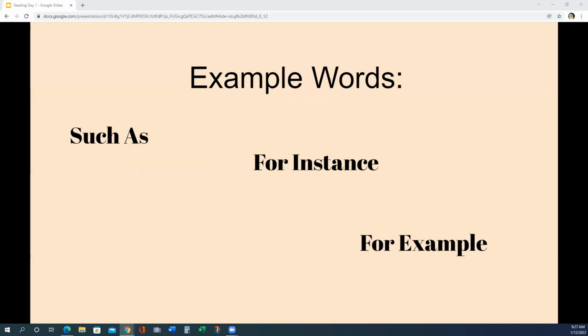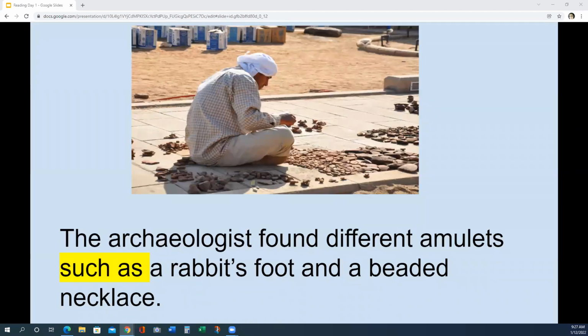Some other comparison word examples are words like such as, or phrases such as, for instance, or for example. Such as the key phrase, let's see.